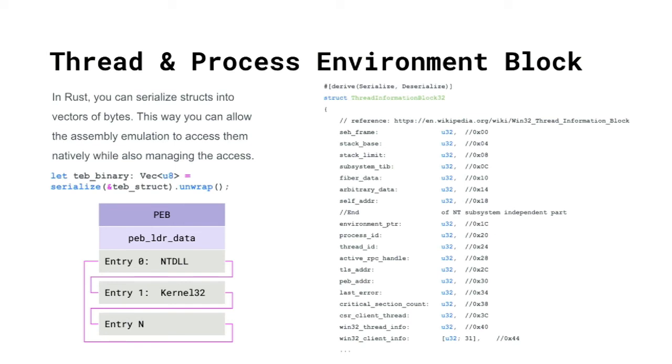So I was able to recreate the linked list of the PEB and TEB and the PEB loader data, and compile that all into serialized bytes. The memory manager handles it when the assembly instruction accesses the address, like if it's doing the normal shellcode routine, FS:30, and goes through there.